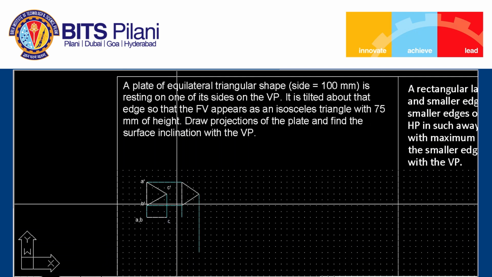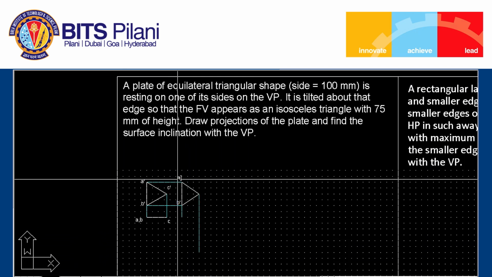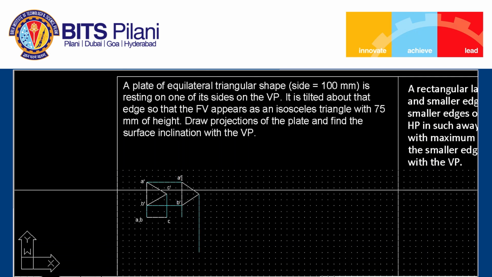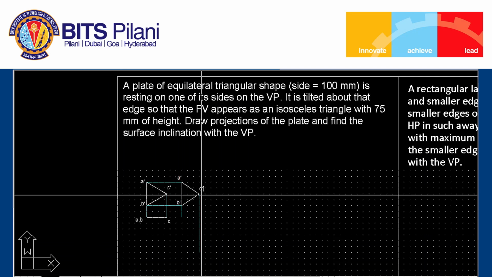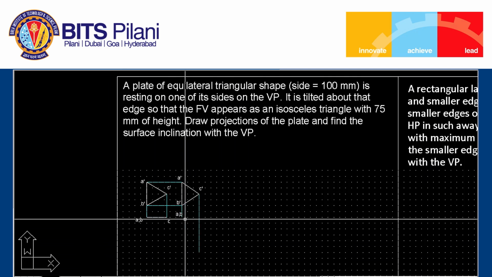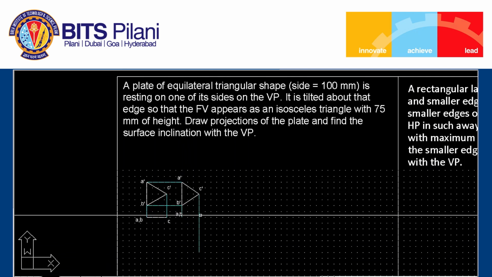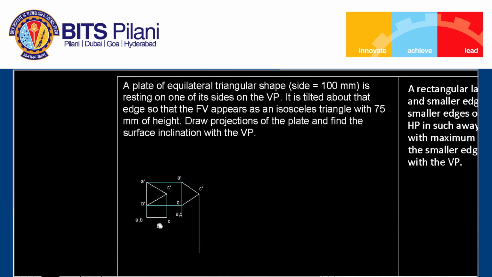This is B prime, this point is A prime, this point is C prime, this point is A comma B. The C point will be on the projector passing through C prime, and we have to adjust the length AC in between the point A and the projector passing through C prime.